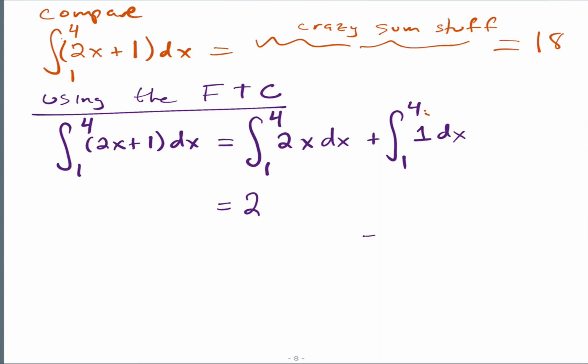So take out the 2. So then I have 2 times the integral from 1 to 4 of x dx plus the integral from 1 to 4 of 1 dx. Okay, so are we okay with that? And as you'll see, as you get more practice, you won't do this extra step. You'll just do it in one, but that's fine.